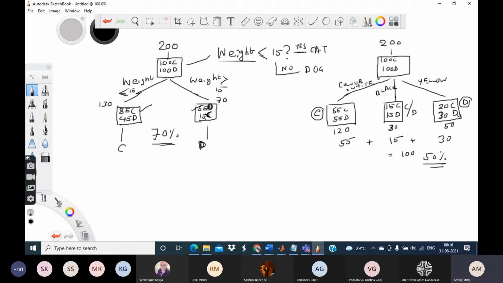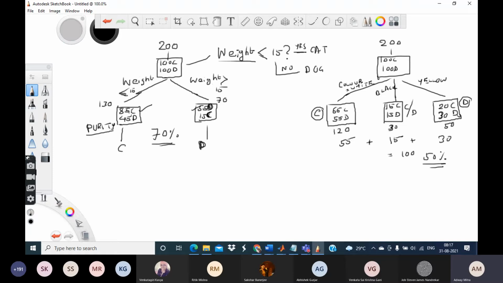So basically that's the idea. We need to choose the feature in such a way that we can split the data set into subsets where one label dominates. This kind of one label dominating can also be called the purity of a data set. Purity of a data set means what?